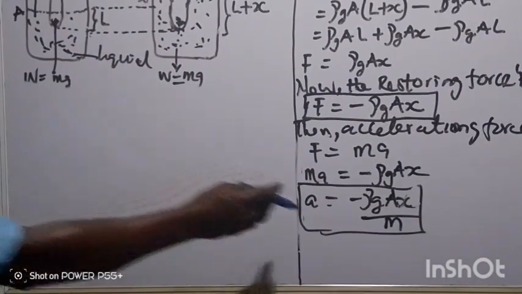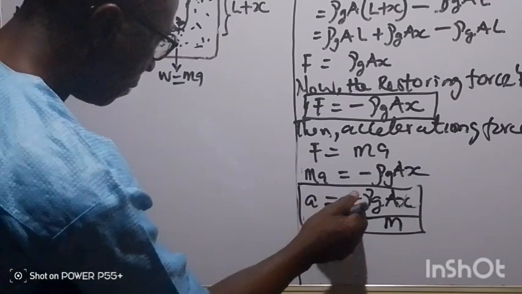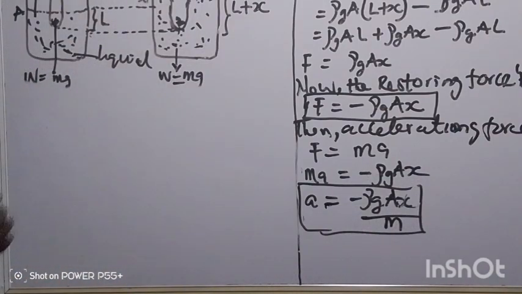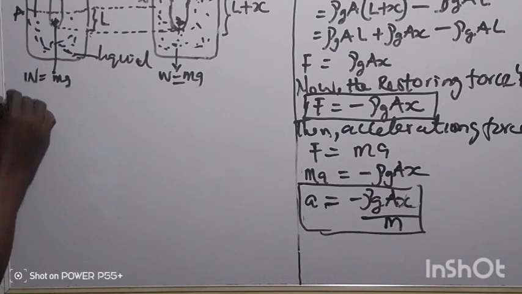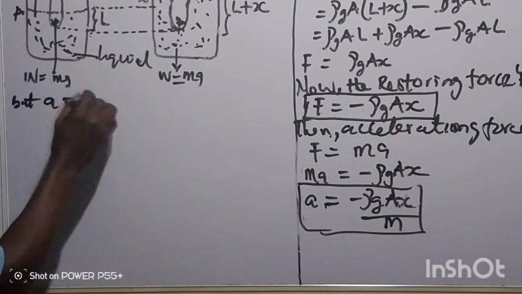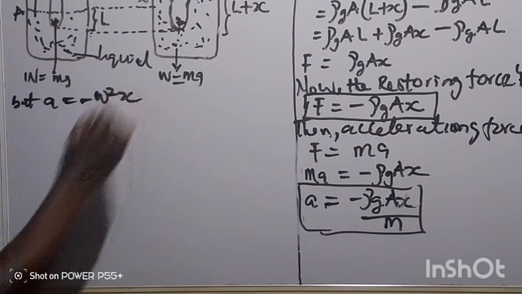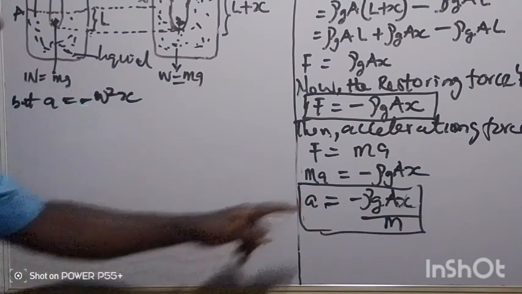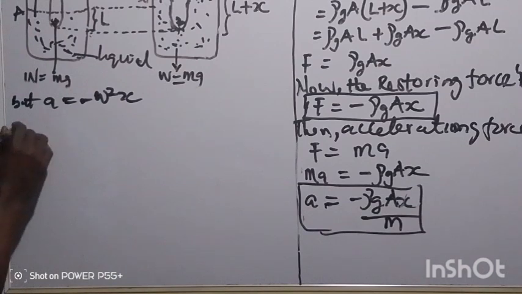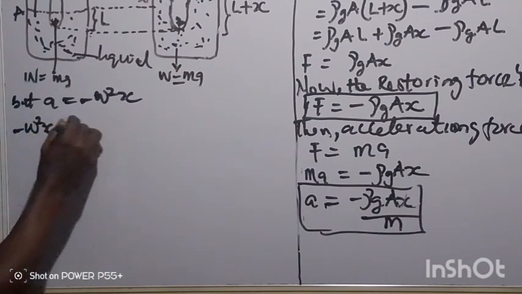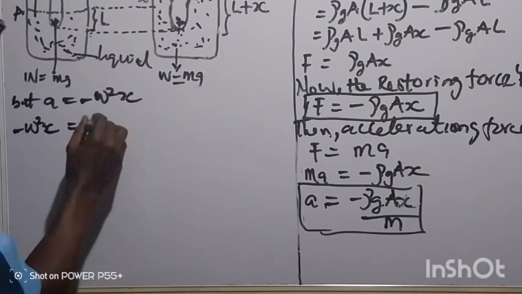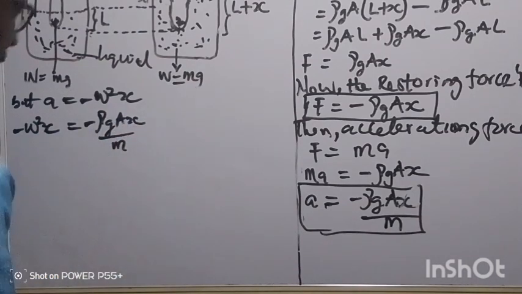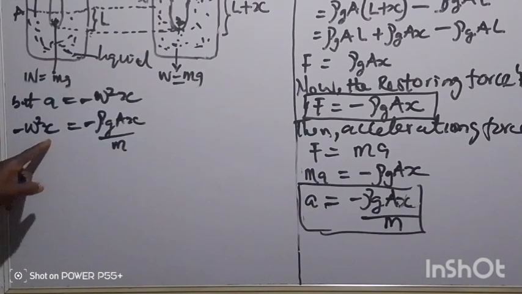Now, since A is equal to minus density G A S over L, from there you can now say from general formula of simple harmonic motion, A is equal to minus omega square S. Take this one and this one together, we are going to have minus omega square S is equal to minus density G A S over M. Now from there, S will cancel S, minus will go away.